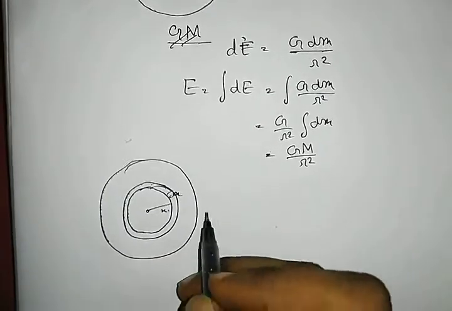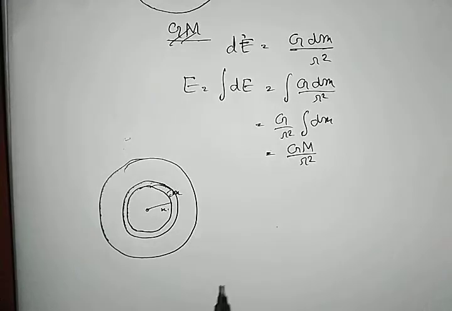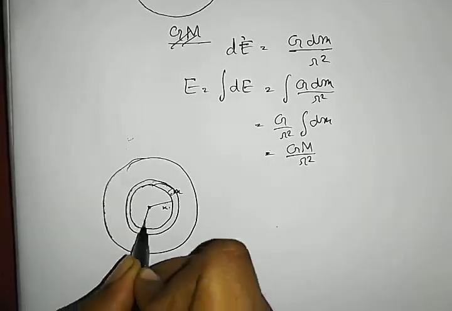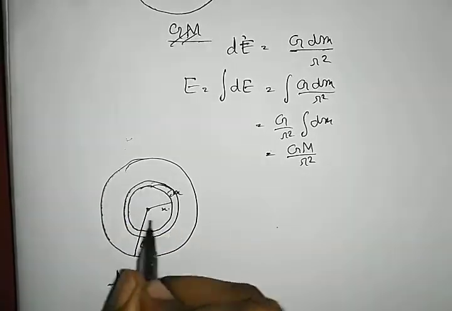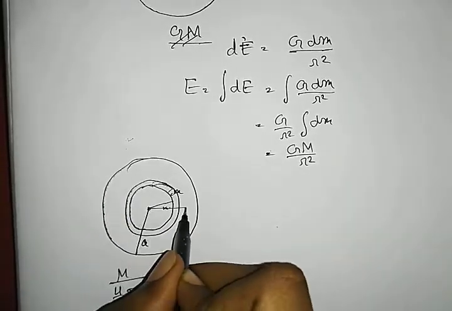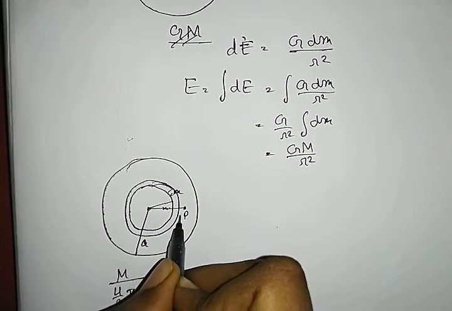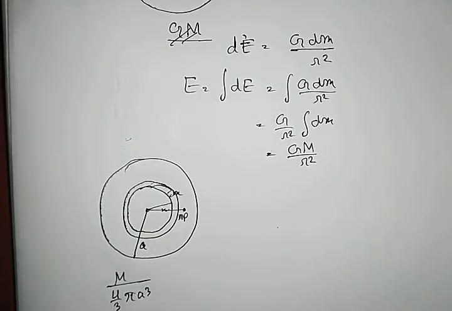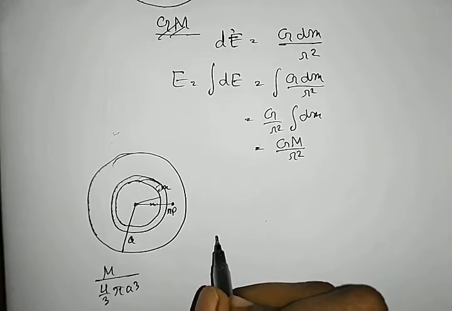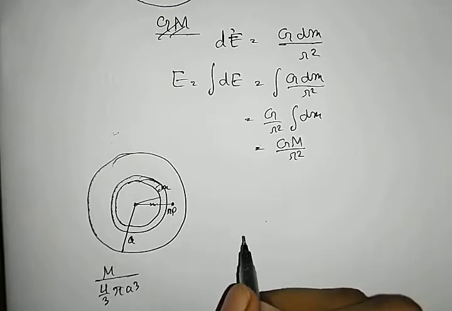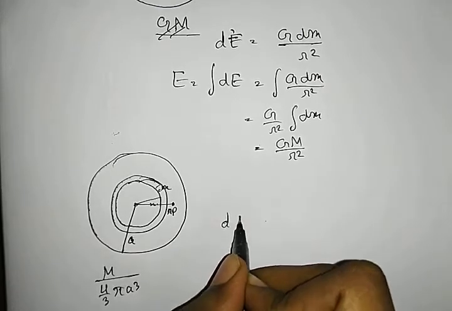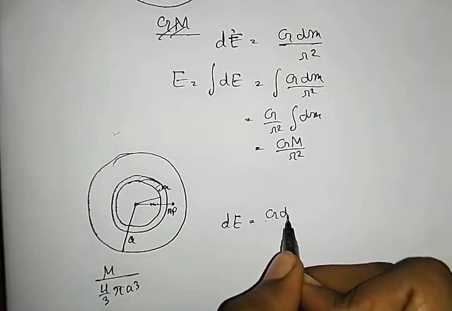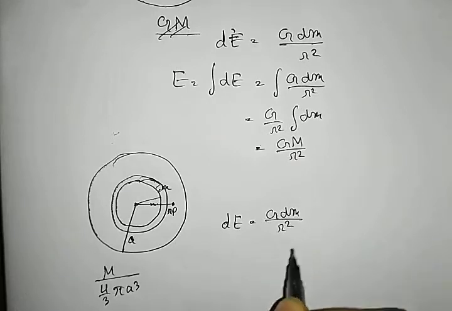So I can find its density as m by 4 by 3 pi a cubed, where a is the total radius of this solid sphere, and at point P, that is at a distance r from the center, we will be finding the gravitational field. So we know from the formula that the gravitational field's magnitude for the elemental mass dm is given by G dm by r squared.